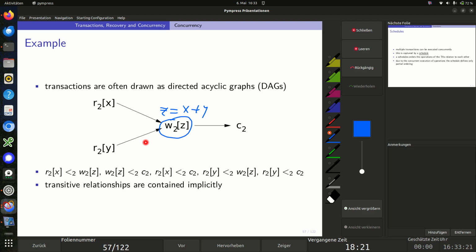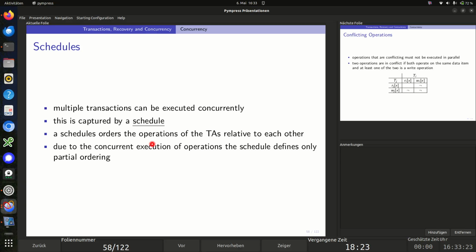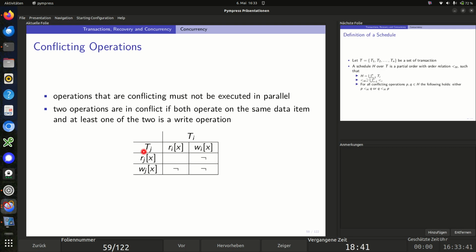The idea of how to arrange the operations of more than one transaction is called a schedule. And again, what kind of operations are in conflict?